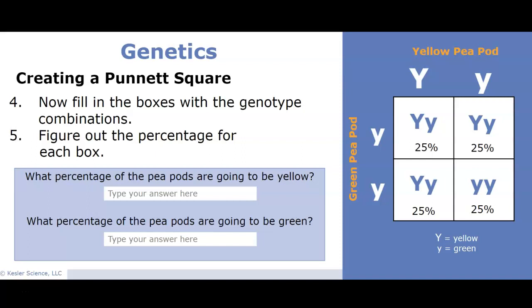You're going to fill in the boxes with the genotype combinations. I'm sorry, this has already been filled out for you. And then you're going to figure out the percentage for each box, and you're going to answer the questions here.